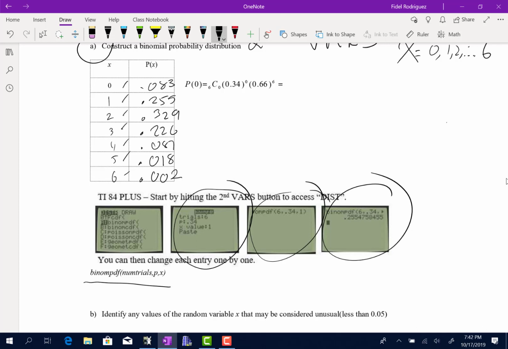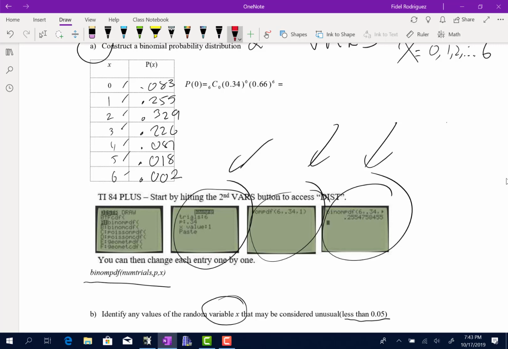If your calculator is a little bit newer, it's going to look like this, and if it's a little bit older, this is what it says. Binomial PDF: remember the first thing is the number of trials, then your probability, then your x. It says identify any values of the random variable x that might be considered unusual. That just means that the probability is less than 0.05.